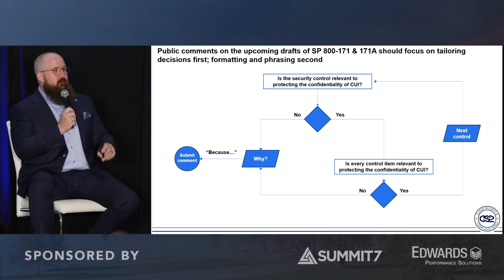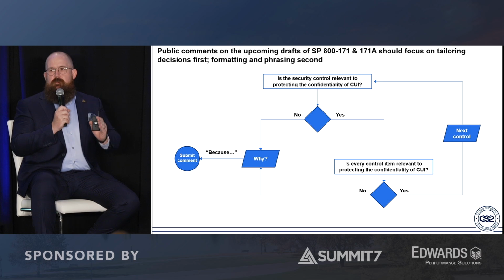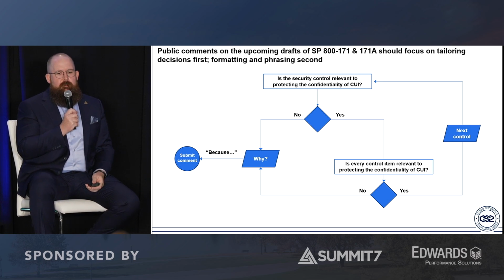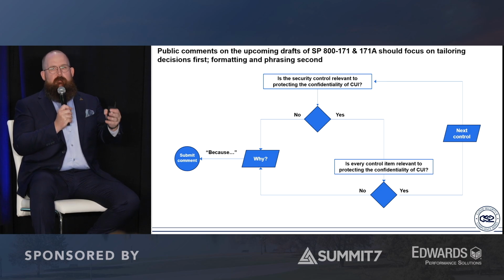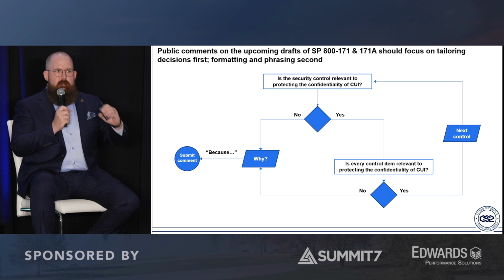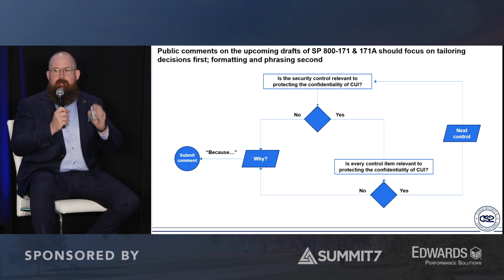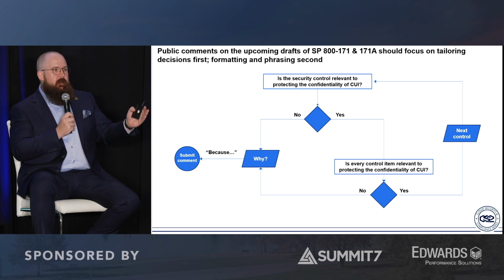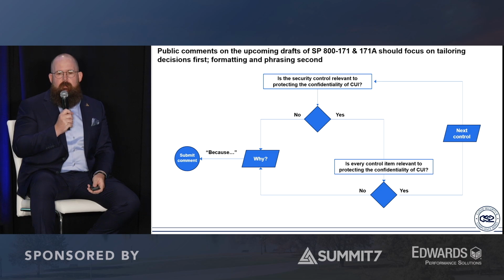Now, if you say to yourself, yes, this purple square should be purple, this control is relevant to protecting the confidentiality of CUI, the next question to ask yourself is, is every item of that 853 control relevant to protecting the confidentiality of CUI? If not, why? You have to say, because blah, blah, blah. That should be your comment to NIST, because that tells the peanut butter and jelly sandwich making robot that this is or is not relevant to CUI confidentiality.